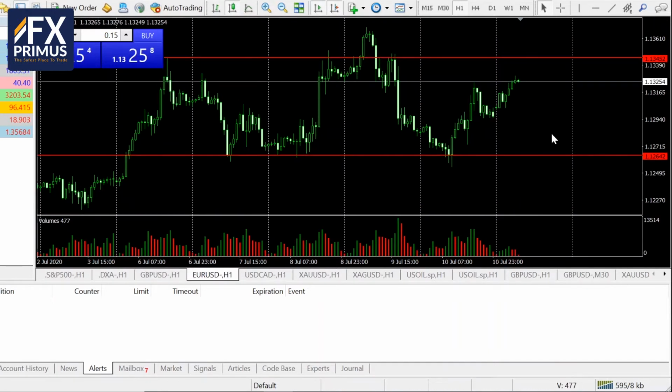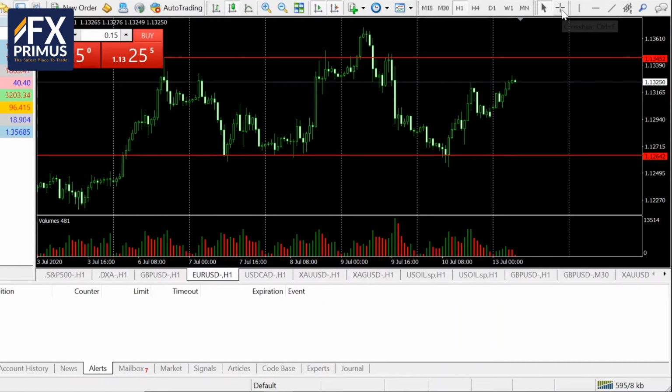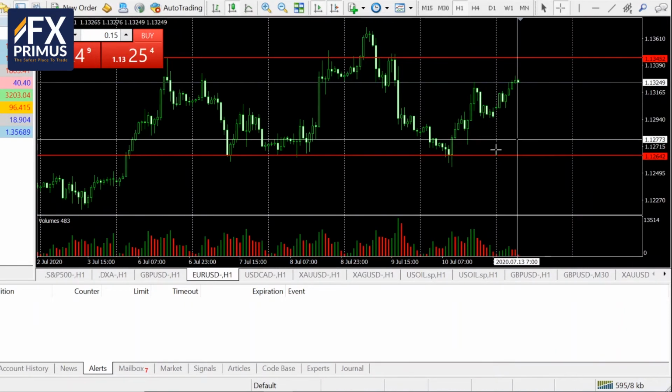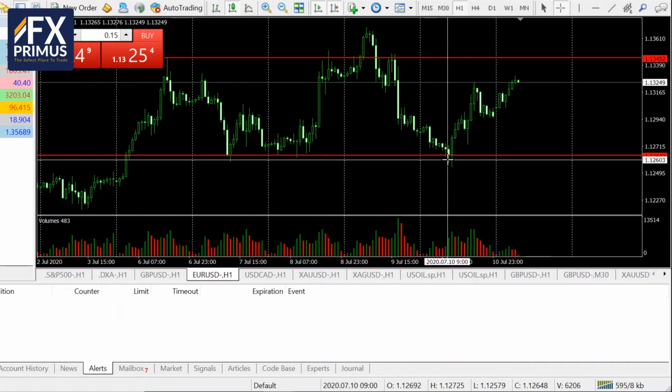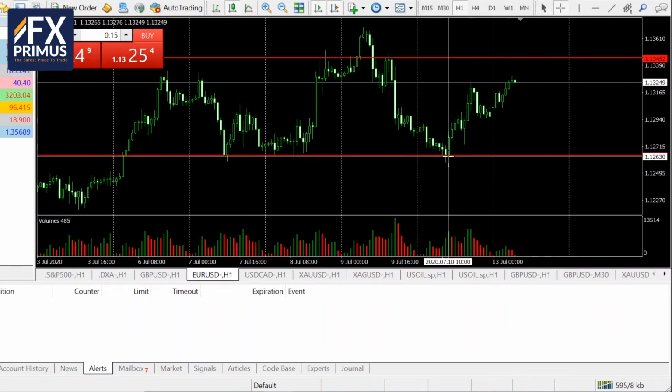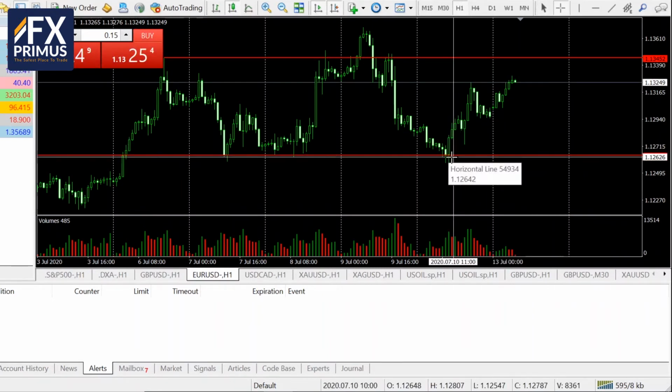For the euro dollar, it's pretty much a similar story to the movement of the UK pound. As the US dollar was weakening again on last Friday, we do see the euro dollar starting to strengthen almost at the same time. Again, 1000 hours, 10 plus 5 is 15, which is 3 p.m. local Singapore and Malaysia time.